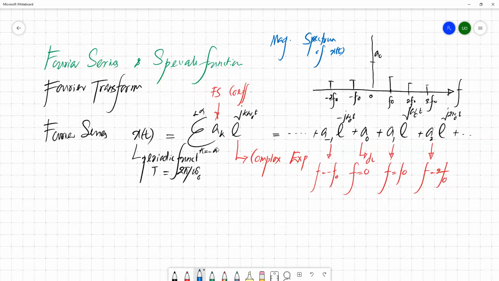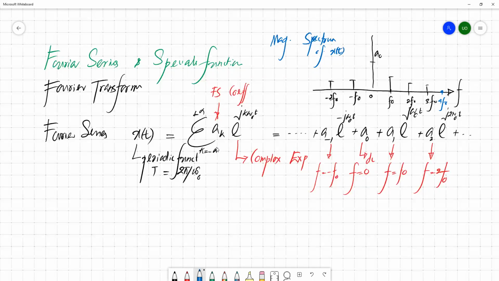For example, if we have 4f0 and the amplitude is 0, we can simply say that there isn't any frequency component at 4f0, so it has no impact on x(t).